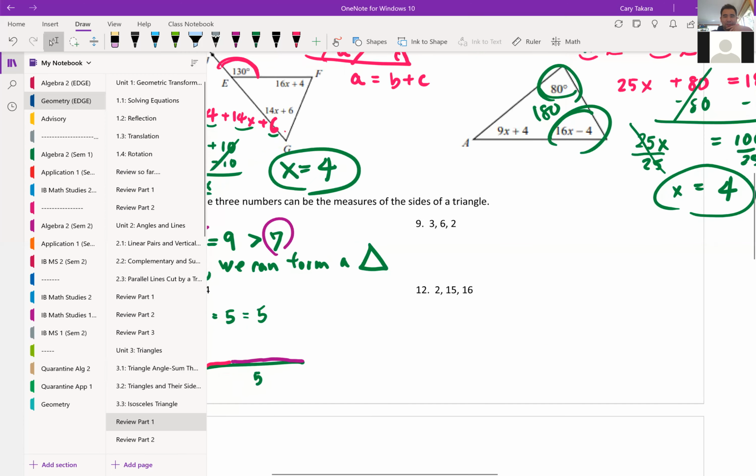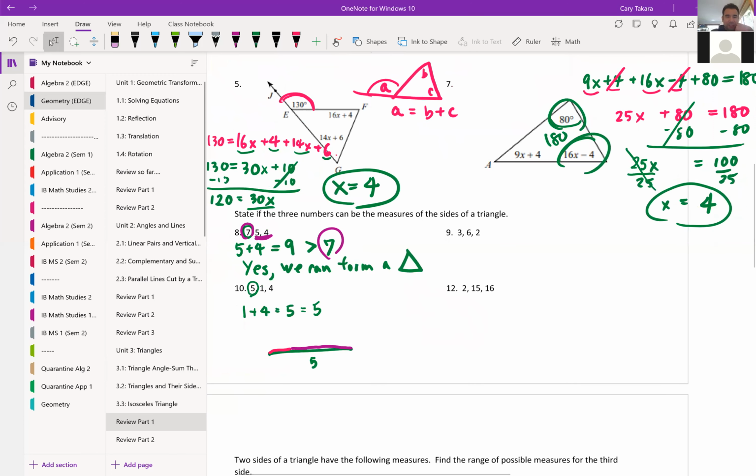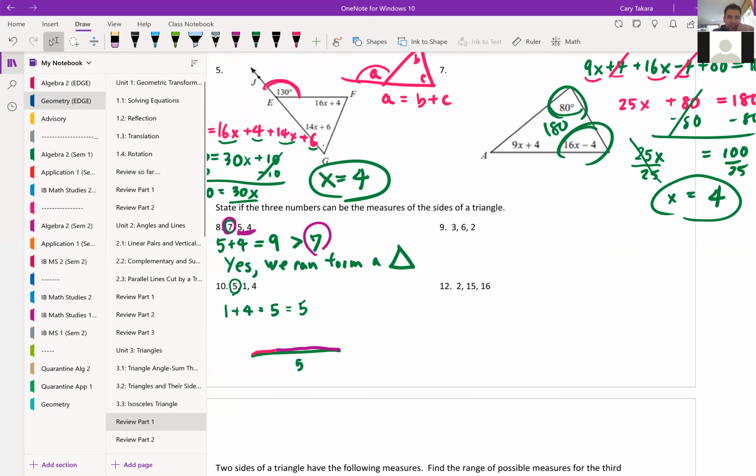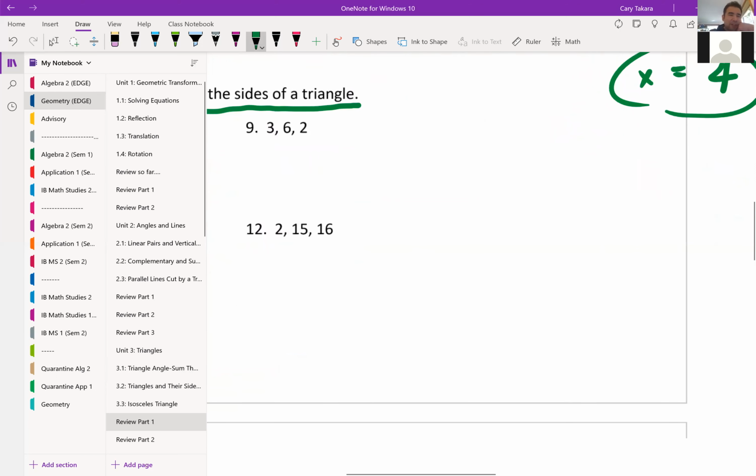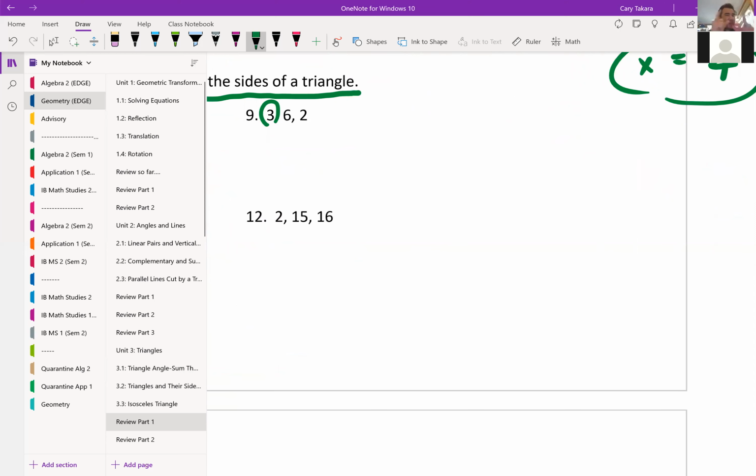So number 9 and number 12, it says, state if 3 numbers can be the measures of the sides of a triangle. In other words, if you have 3-inch long spaghetti sticks or bamboo skewers, 6-inch, 2-inch, will you be able to form a triangle?